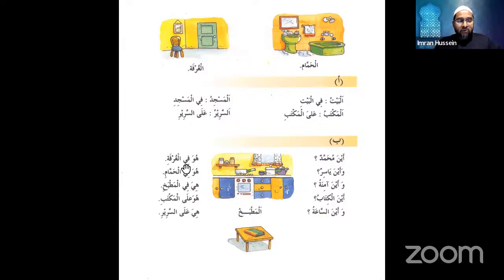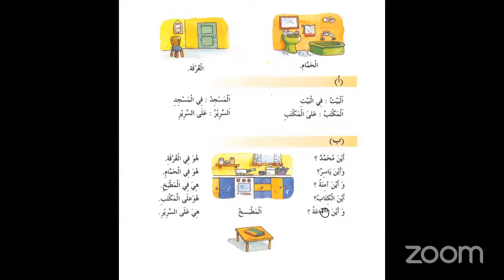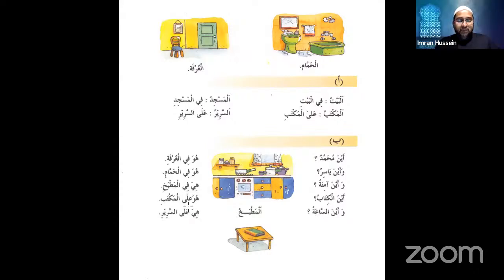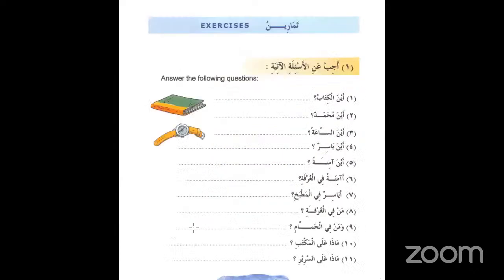So you see the nouns after fi, in, get a kasra at the end. أين الكتاب؟ Where is the book? هو على المكتب. It is on the desk. وأين الساعة؟ Where is the watch? هي على السرير. The watch is feminine, it has a round ta at the end, so we use هي. It is on the bed.